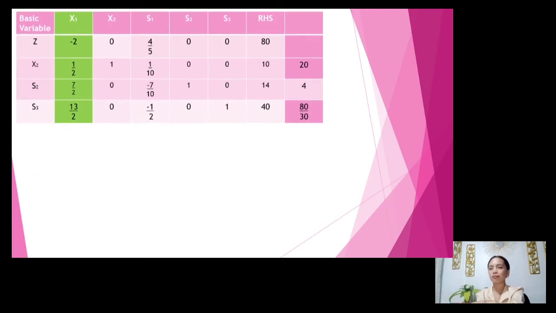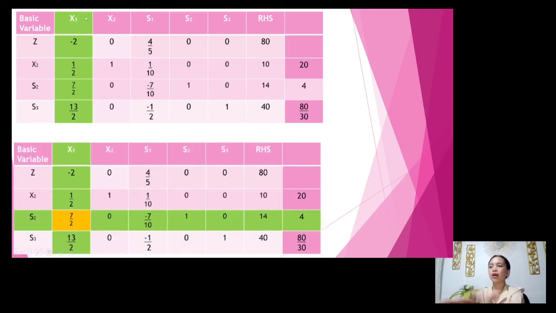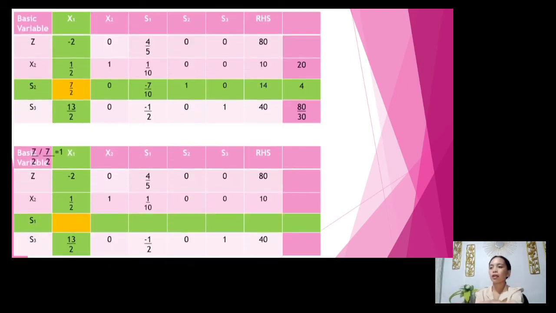So this is our pivot column, the highlighted one. And this is our new pivot row. It's the same process. We need to first find the value of the highlighted row, which is s sub 2. So this will be 1, 0, negative 1 half.